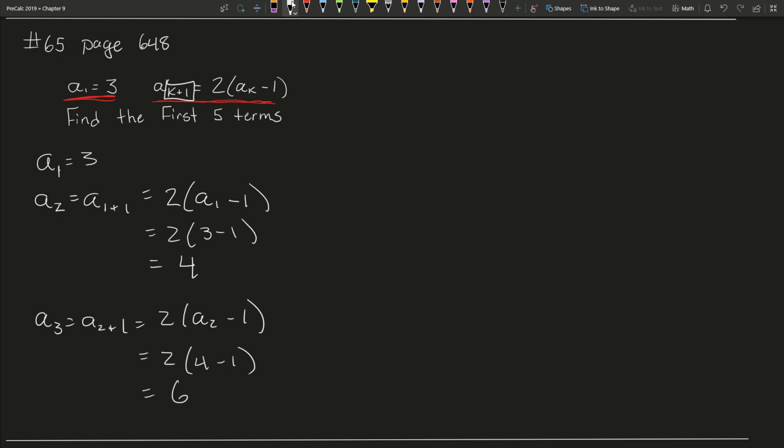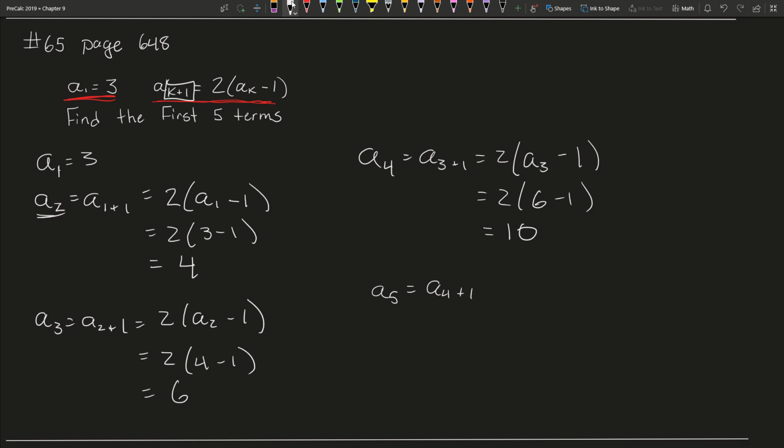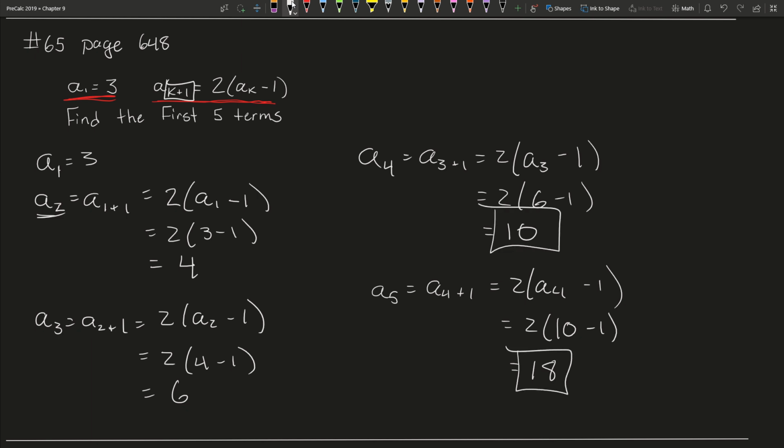So again, each of these terms is defined by the term before it. A2 is defined by A1, A3 is defined by A2, A4 is defined by A3, and so on. And I realized I did that decently fast. Are there questions about any of that?